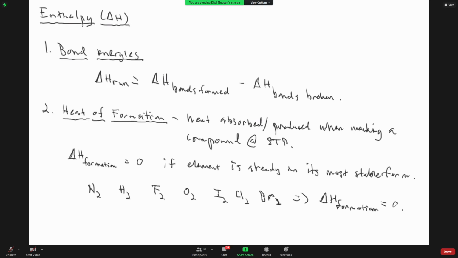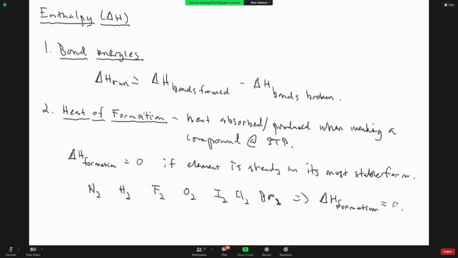This is my mnemonic to remember it: Never have fear of ice cold beer. N is never, have is hydrogen, fear of is oxygen and fluorine. Ice is your iodine, cold is your chlorine, and beer is your bromine.